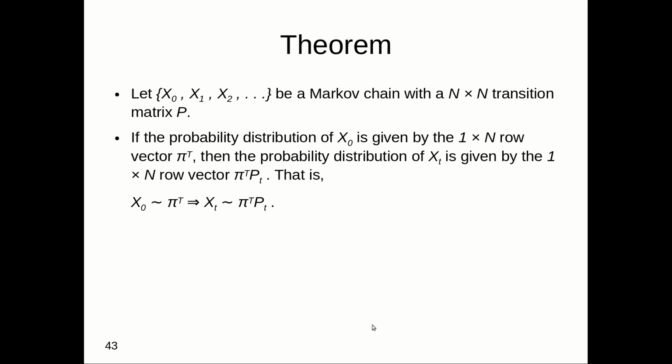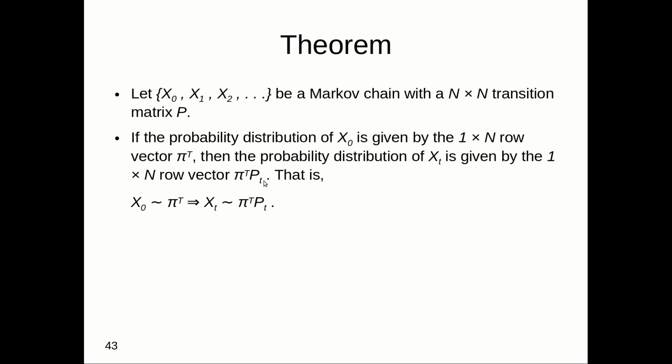Okay, right, so here is a theorem. Let x0, x1, x2, etc. be a Markov chain with an n times n transition matrix P. If the probability distribution of x0 is given by the 1 times n row vector p transposed, then the probability distribution of xt is given by the 1 times n row vector p transposed P^t.